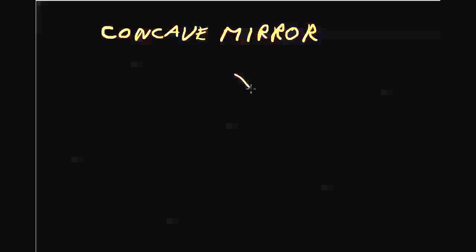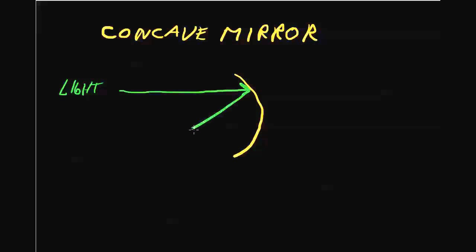But a concave mirror bends in, like you're walking into a cave, away from the direction the light is coming from. Let's say our light is out here, and the ray is going to strike the mirror right here. But according to the law that the angle of incidence equals the angle of reflection, it's going to bounce out this way.